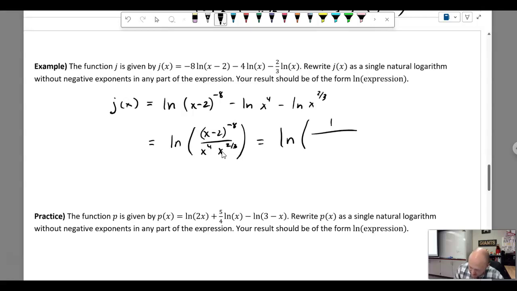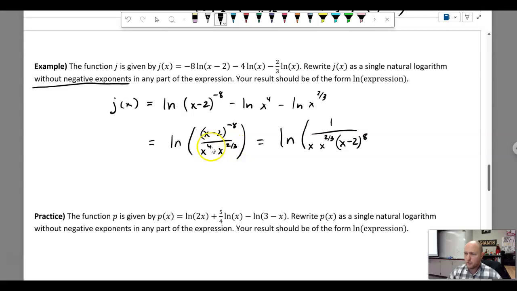I'm going to move that negative exponent down. So x minus 2, guess what? You're going down into the denominator. And now I have a positive exponent. We're happy, right? Because my instruction said without negative exponents. Then I have x to the 4th and x to the 2/3. Again, if you have a fraction, in order to combine these, I have to have a common denominator.